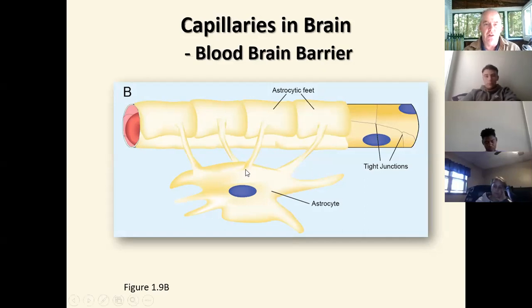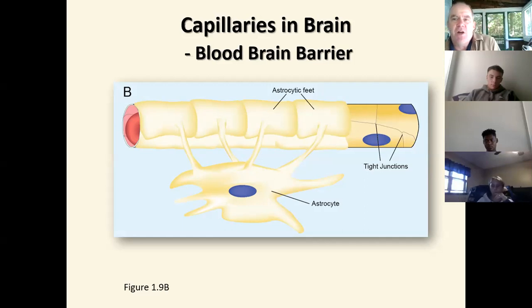Another thing they do is they send these little feet out that wrap around the capillaries. These feet are basically just layers of membrane. So you wrap layers of lipid bilayer around the capillaries, and there are no fenestrations, there's no leaking out of the capillaries. So now you've got a really tight seal between the capillaries and the blood inside and the interstitial fluid that surrounds the brain.